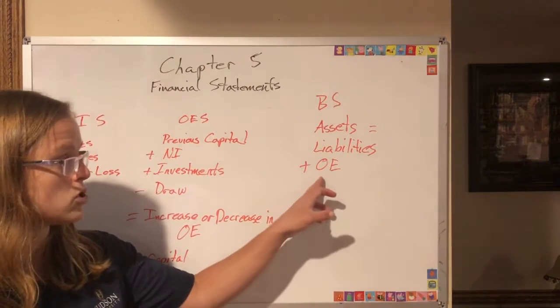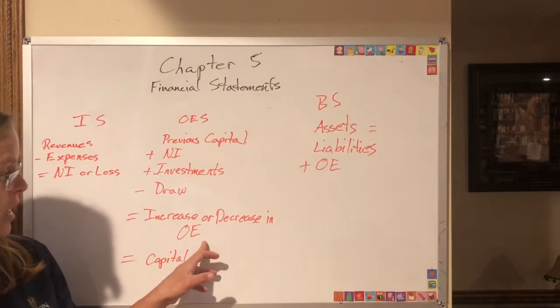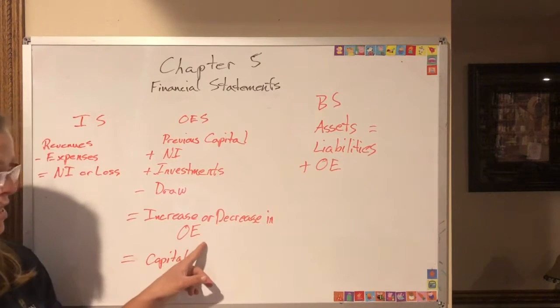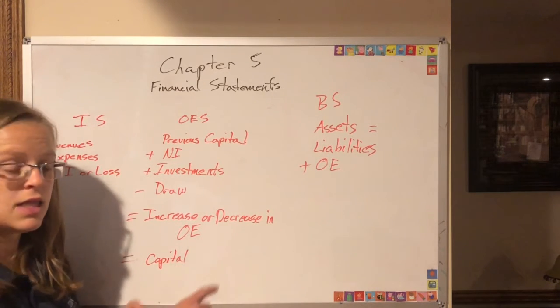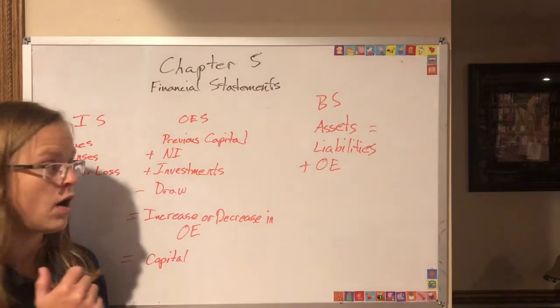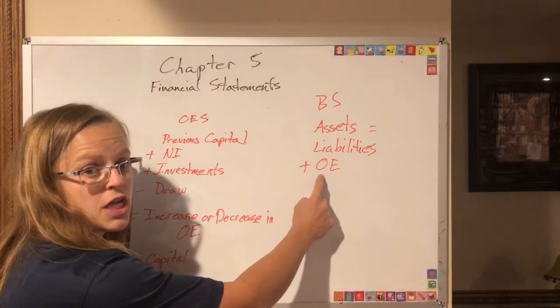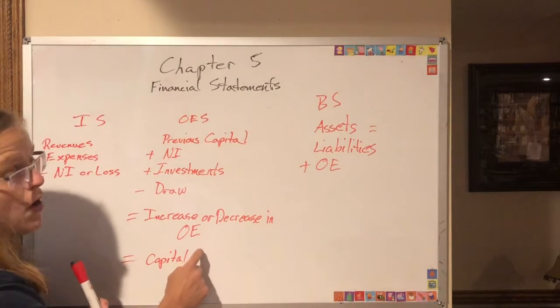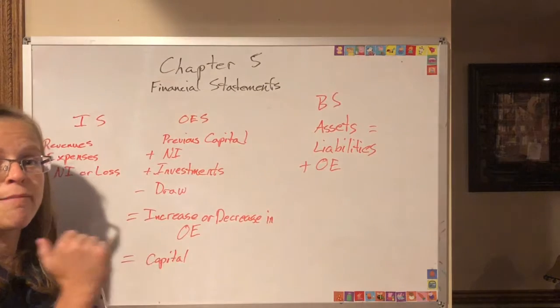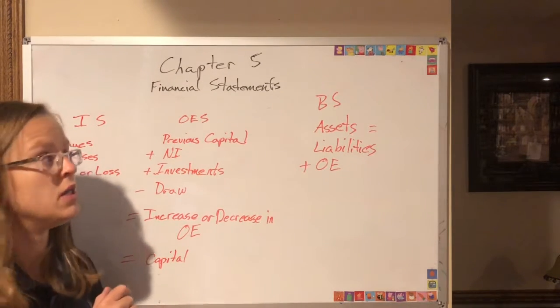But when you put the owner's equity in here, you have to take it from the owner's equity statement, not from the adjusted trial balance. All right, so the owner's equity for the balance sheet has to be taken from the current owner's equity statement, not the capital from the adjusted trial balance.